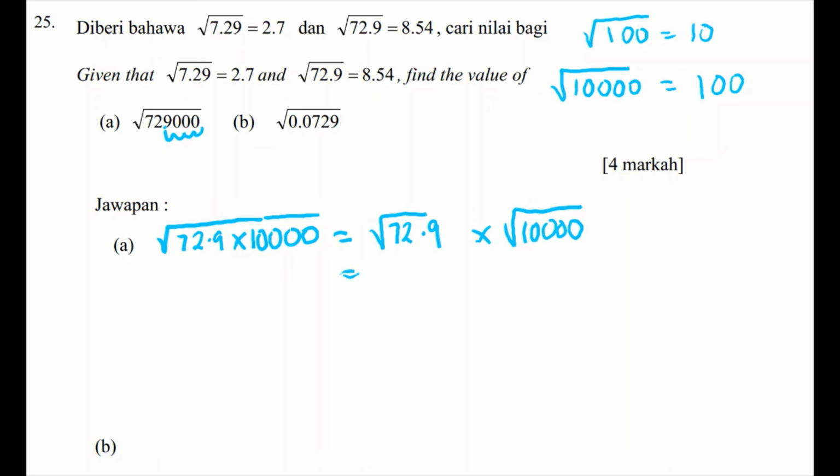So, the square root of 72.9 is equal to 8.54 multiplied by the square root of 10,000, which is equal to 100. So if you multiply 8.54 with 100, you will get 854.